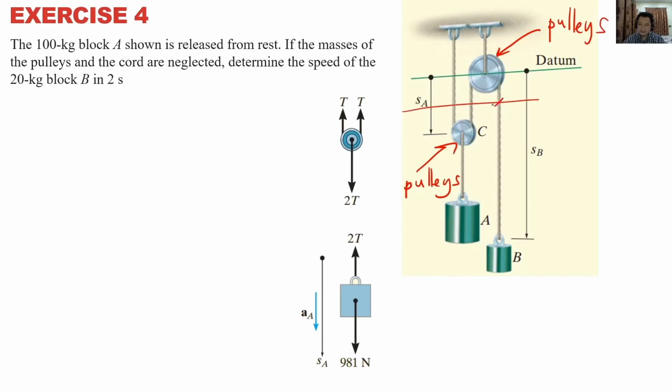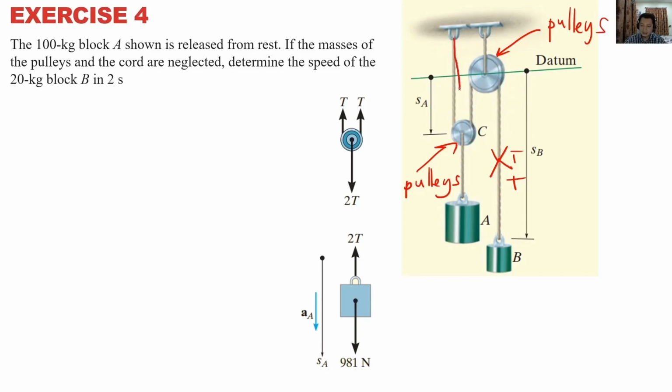Cut the pulleys. Since your pulley is actually continuous, the cable here is continuous, so tension is continuous. Wherever you are on the cable, it is the value T.